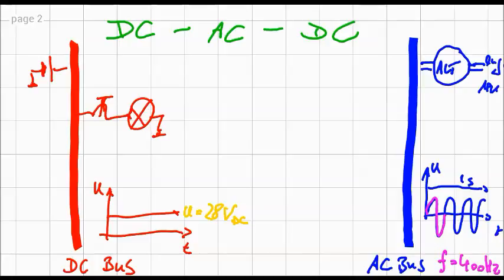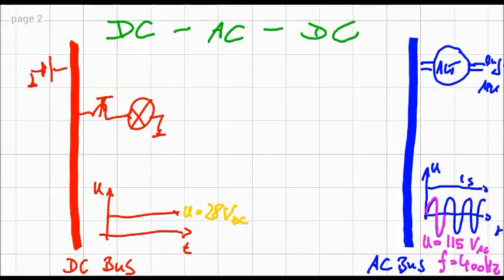Now, of course, we need to know the voltage, and the voltage in our AC circuit is 115 volts AC. So this is to remember: DC 28 volts, constant polarity, constant amplitude. In the AC we have a change of polarity 400 times per second, and our average voltage is not constant because it's changing all the time. Our average voltage is 115 volts.